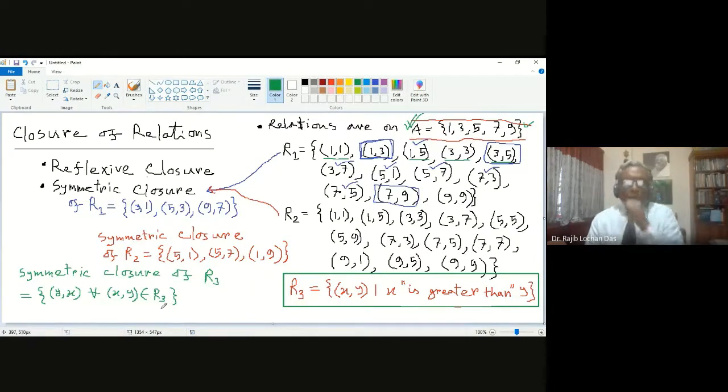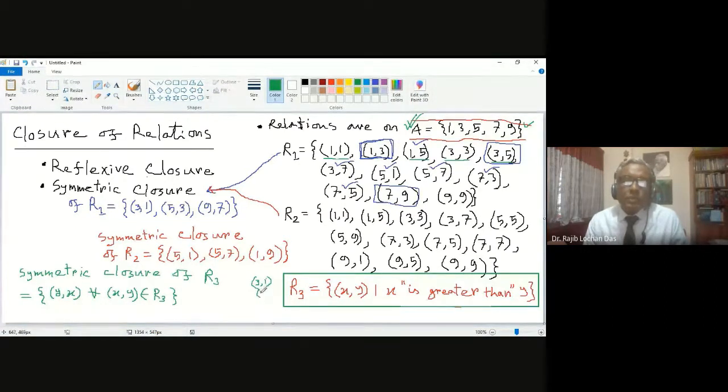Whatever pair you have in R3, 1 comma 3 is not possible, sorry. 3 comma 1 is a pair, so the opposite of that is needed.